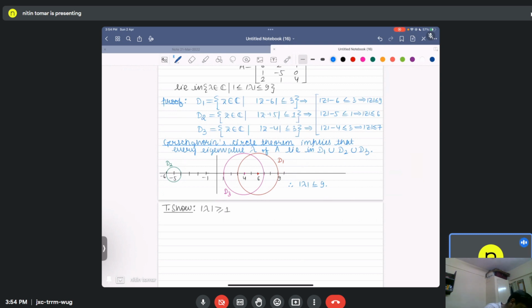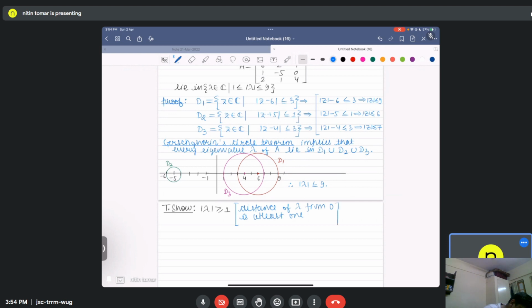Mod lambda is the distance. Geometrically, what does it mean? The distance of lambda from 0 is at least 1.